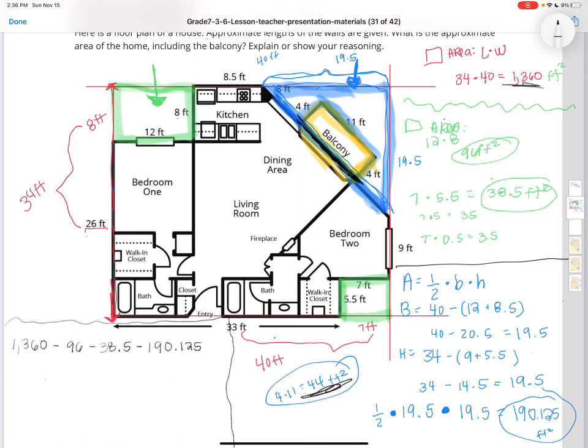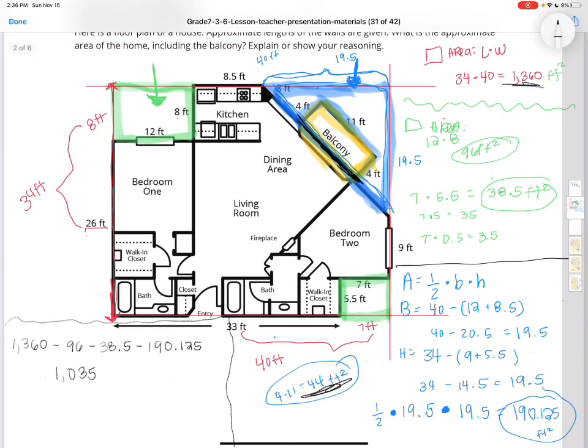So 1,360 minus 96 minus 38.5 minus 190.125, and then I got this number, 1,035.375. Now I want to add that back in, plus 44, which would give me 1,079.375 square feet.